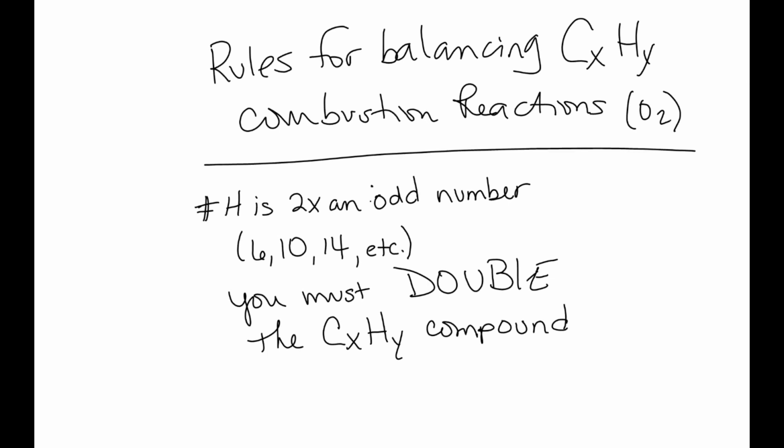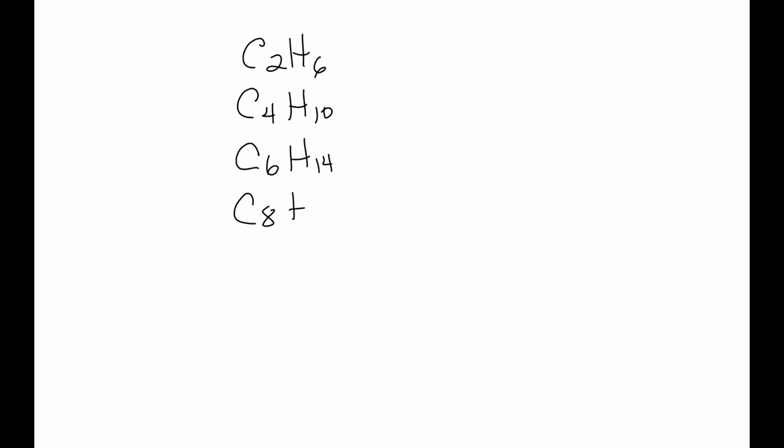For example, go on to the next slide. Okay, let's look. So if it's C2H6, then you have C4H10, C6H14, C8H18.